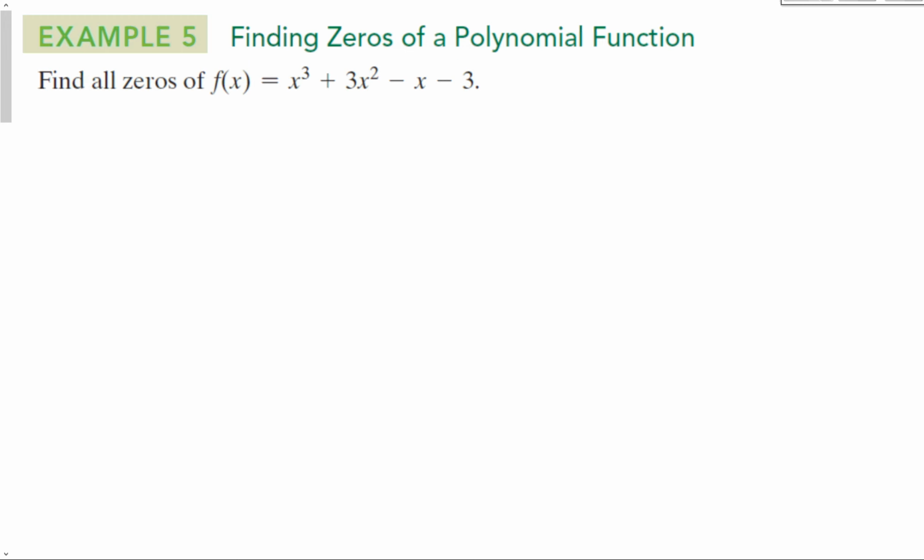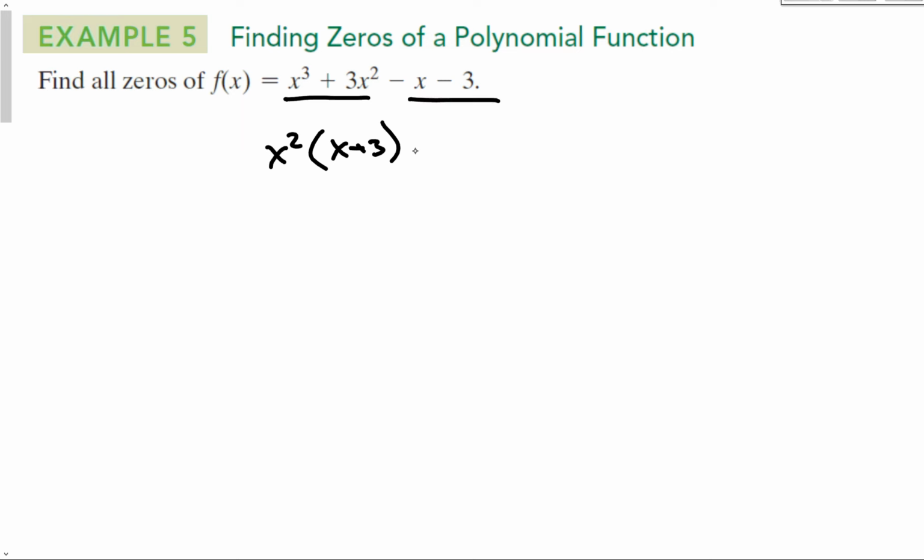So how do we find the zeros? The easiest way is to try to factor it. I see I have 4 terms here. We will see other methods to factor something with 4 terms, but for right now, let's factor with grouping. So when I look right here, I see that it has an x squared in common, which leaves me with an x plus 3.